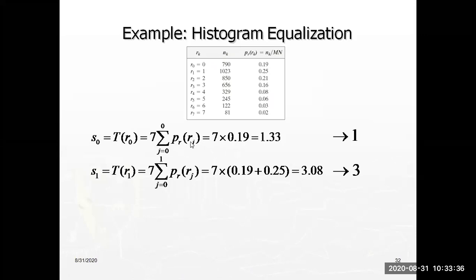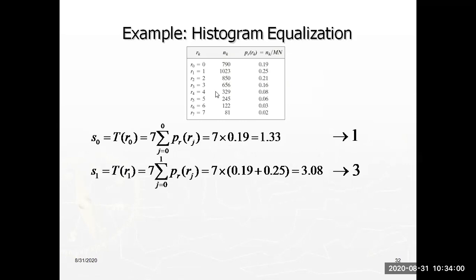That means R0, j equal to 0, PR of R0. How much is it? The first one, 0.19. Just multiply these two. How much are you getting? 1.33, rounded to 1. So for R0 equal to 0, I am getting S0 equal to 1.